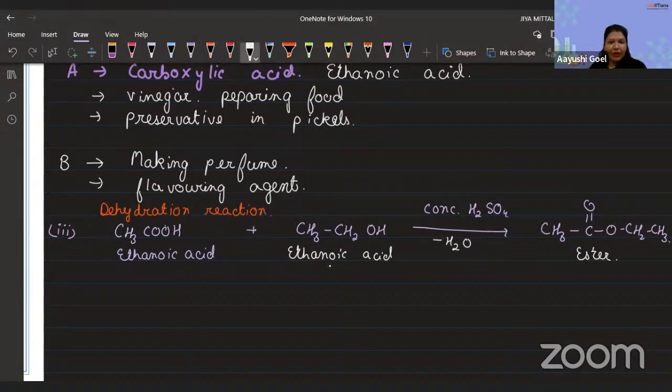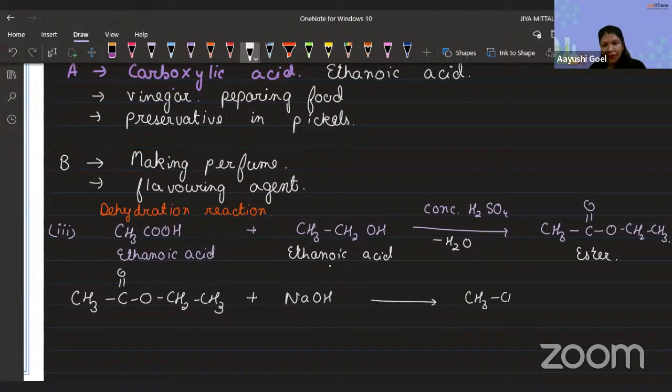Second, what will happen is the ethanoate which is formed will react with NaOH to produce ethanol plus sodium ethanoate. That is your normal reaction.